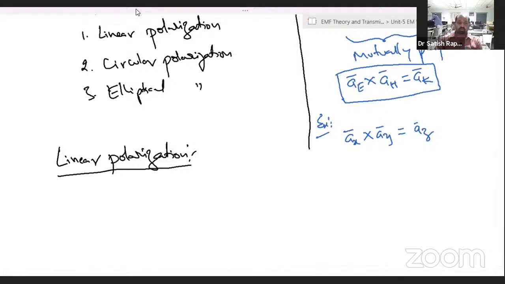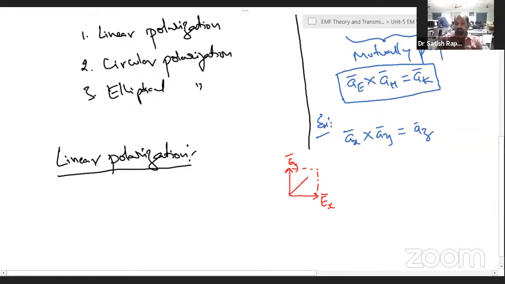So for example, in space, as I'm defining polarization with respect to electric field, let us say this is the X component of electric field, and this is the Y component of electric field. And what is the resultant electric field?